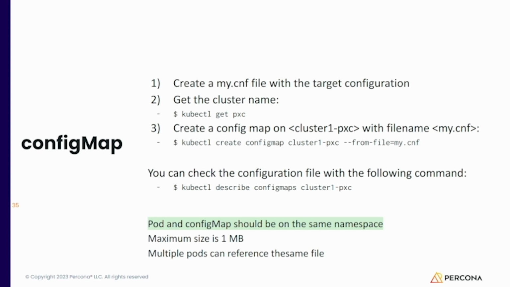Another option is called config map. You have your original my.cnf file, and you create a config map. So step 3, you create a mapping between that file and the cluster so that all the pods can check all the files within the same namespace.